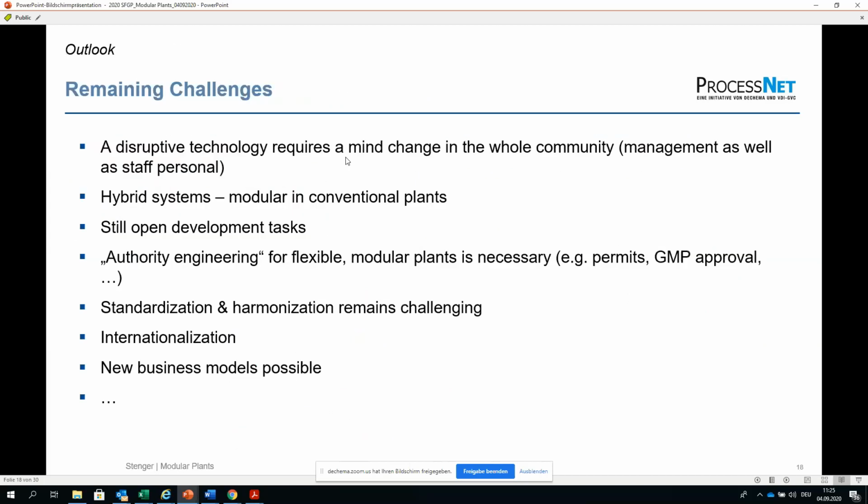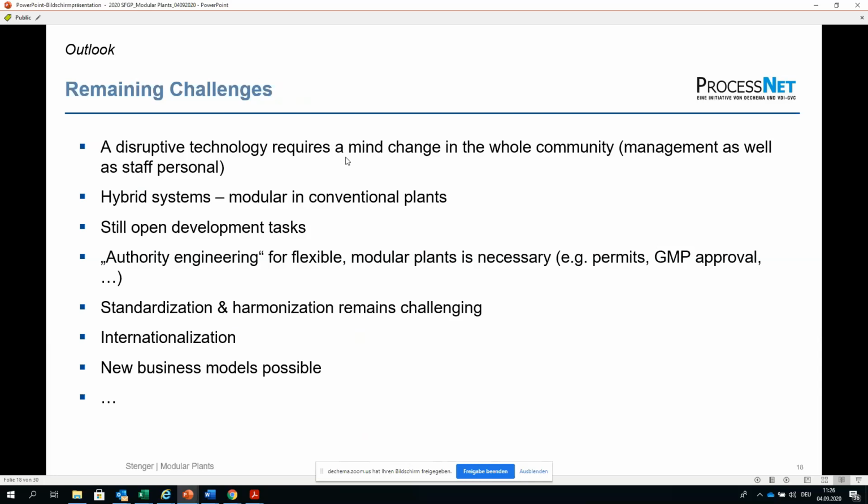Nevertheless, there are remaining challenges. Although it's promising and we have the first implementations in place, it's a disruptive technology, and it's a technology change that really requires a mind change of the whole community. This includes management inside the companies as well as staff personnel in daily life.